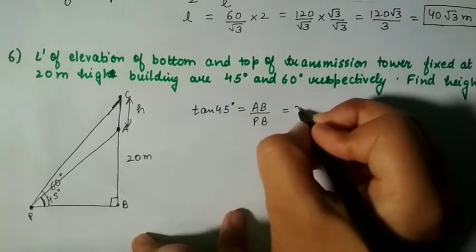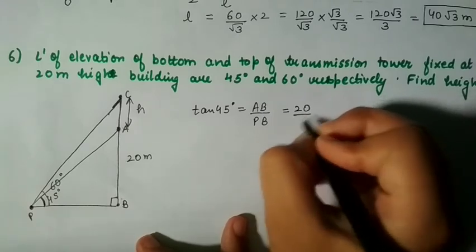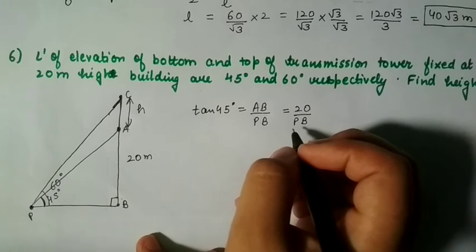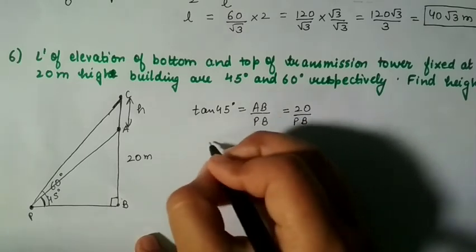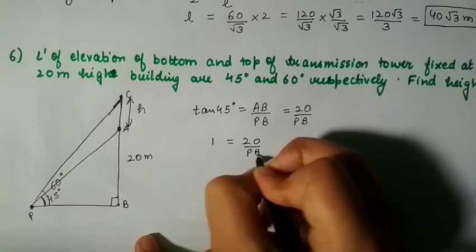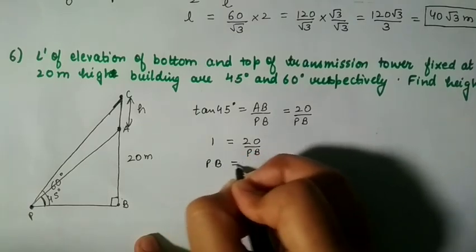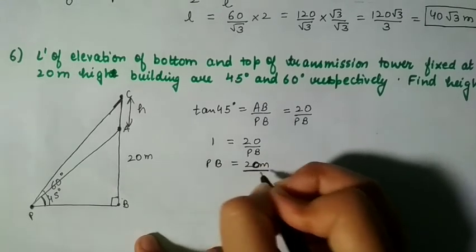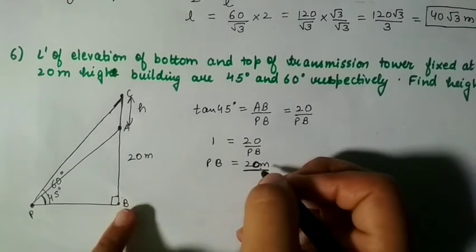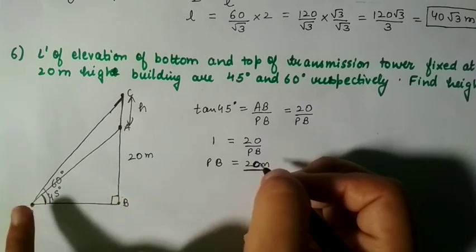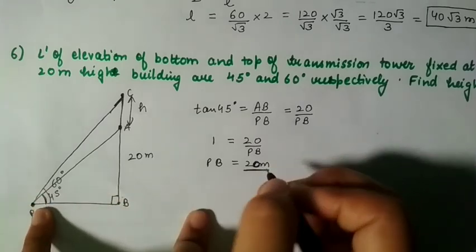AB is given to be 20 meters upon PB. Tan 45 is 1. It is equal to 20 upon PB. This means PB is 20 meters. Therefore the distance between the foot of the building and the point P is 20 meters.